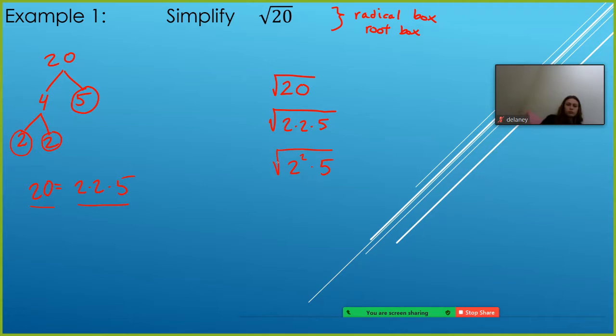Recall from yesterday, we were going back and forth with our square roots and our fraction powers. So I can rewrite it this way. It's everything in the box, everything in the radical, 2 to the second times 5, but it's to the 1/2 power.